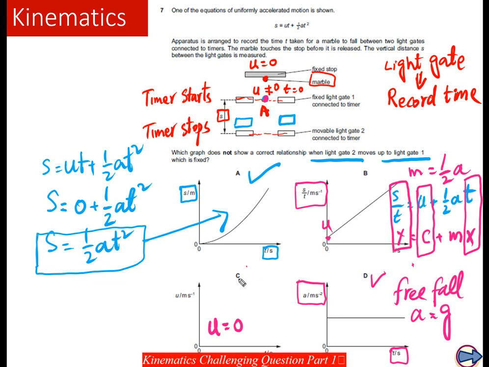So this one is not correct. And this is actually our final answer, because it's asking which graph doesn't show this. So this one is our answer.